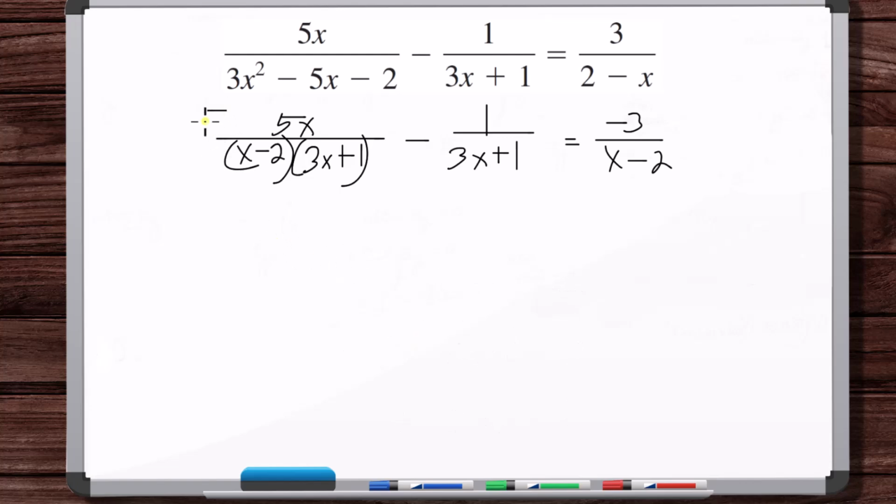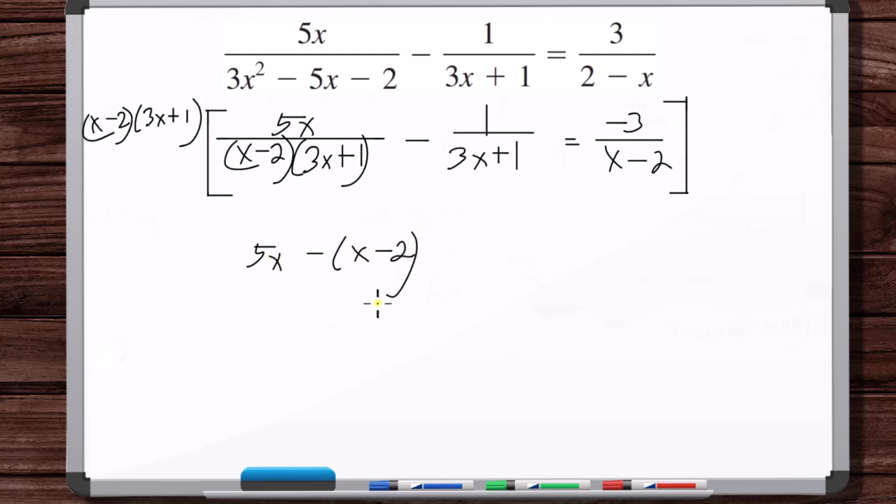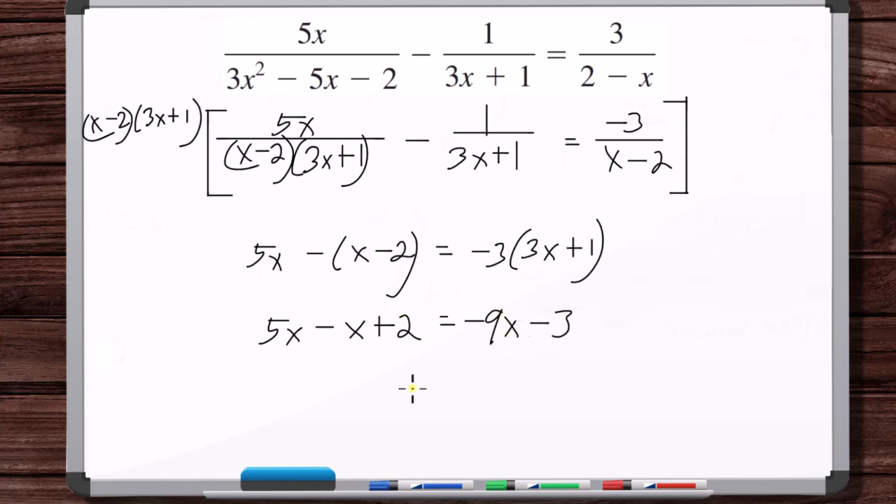So now let's multiply by x minus 2 times 3x plus 1. Okay, so we've got 5x minus x minus 2, and then minus 3 times 3x plus 1. Okay, 5x minus x plus 2 is equal to minus 9x minus 3.